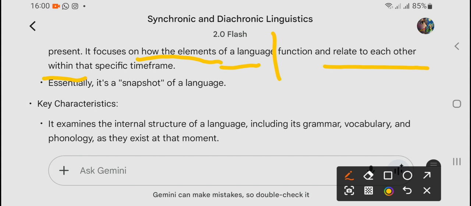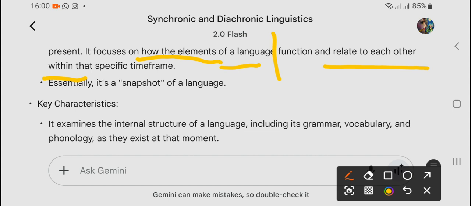So two things you just have to remember: in synchronic linguistics we focus on how the elements of language function. Elements of language means morphology, syllables and all, which I have already told you. How do they function and how are they related to each other within a specific time frame?